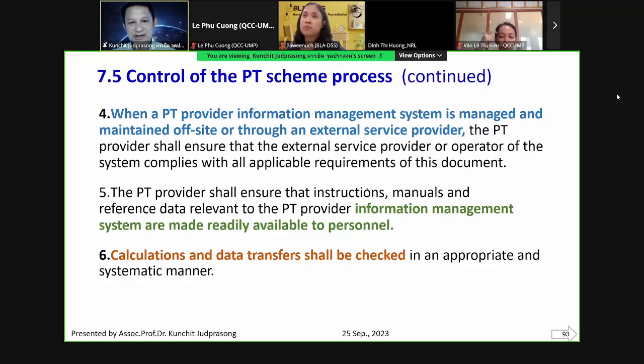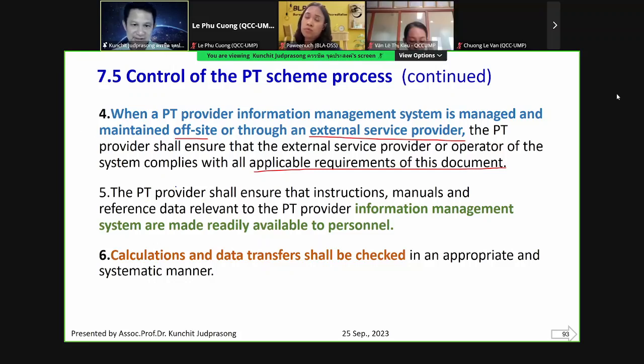You need to have communication between you, the PTP, and the external service provider. When you have an off-site PTP center, you have to inform and tell the external service all the requirements that you have. That is very difficult, but you have to do it.